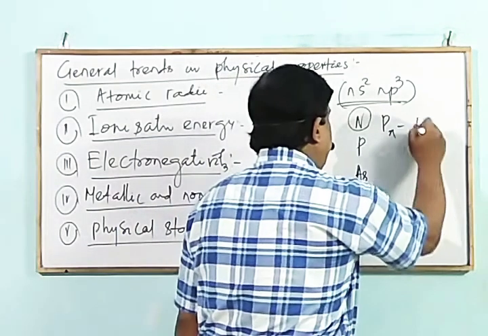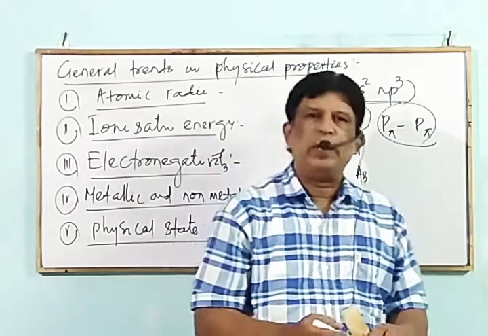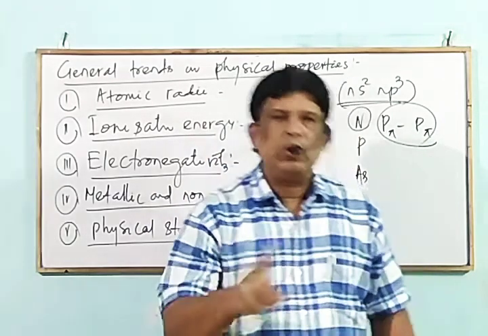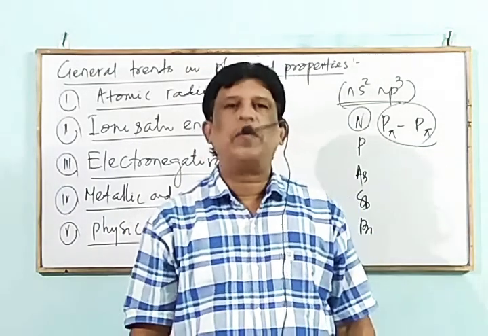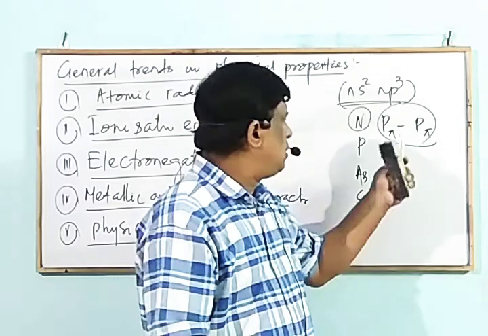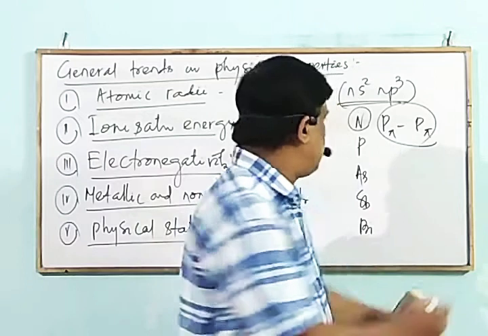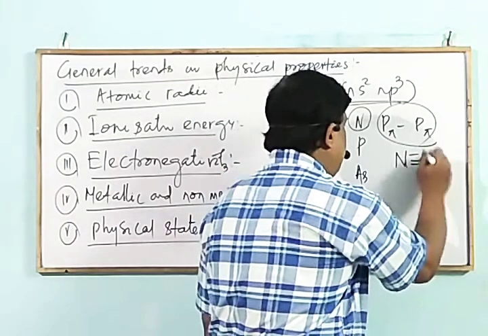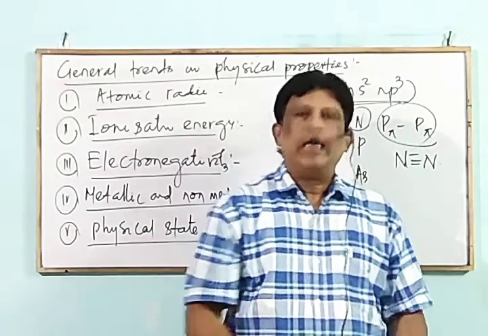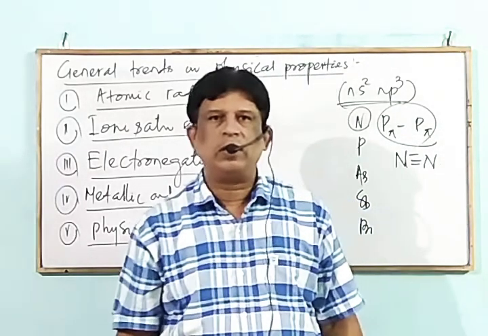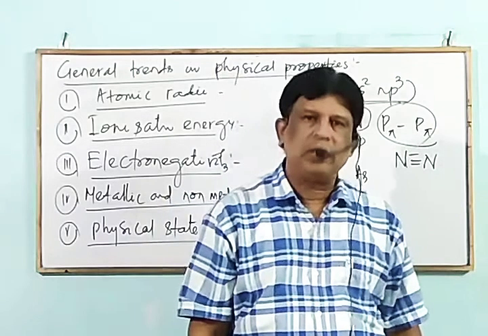That means the two nitrogen atoms form an N triple bond N. That's why, due to weak forces of attraction, it is a diatomic N2 and is gaseous in nature.